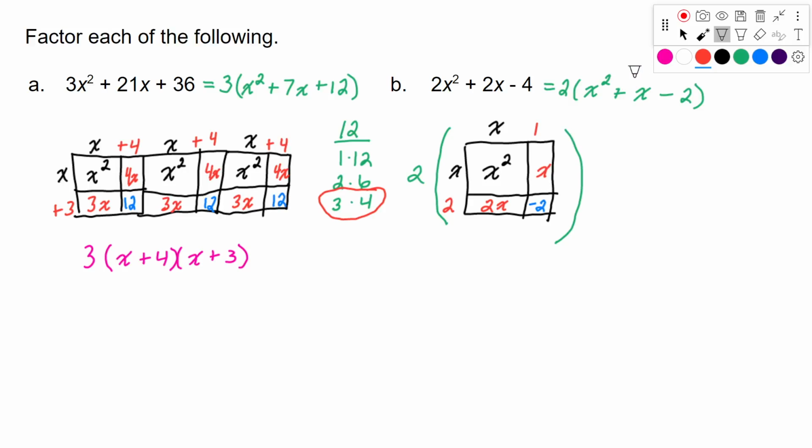This is a 1x. 2x minus x will equal 1x. So this becomes x minus 1, and the other side is x plus 2. And you can kind of see a factored form already from the way that's written. We have 2 blocks that have dimensions of x plus 2 times x minus 1.